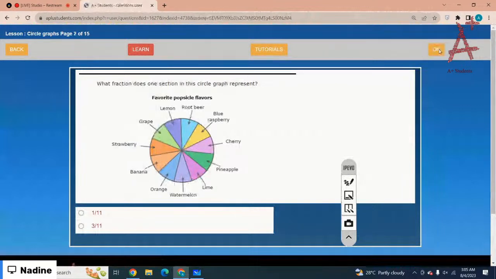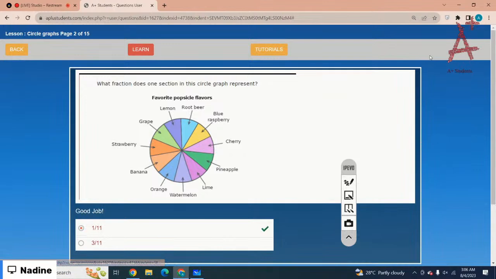Okay, which fraction does one section in the circle graph represent? The graph has total 11 sections. So one section is worth 1 out of 11. The correct option is 1 out of 11.